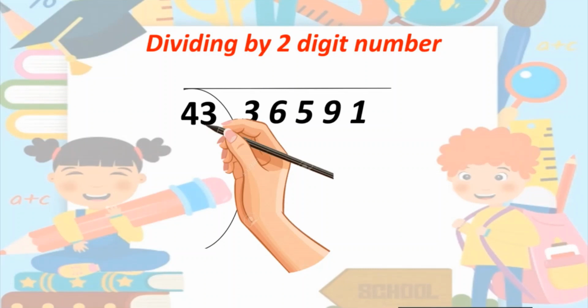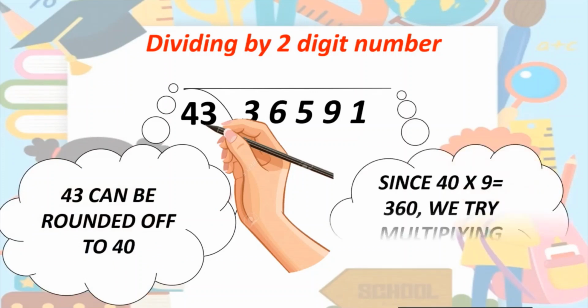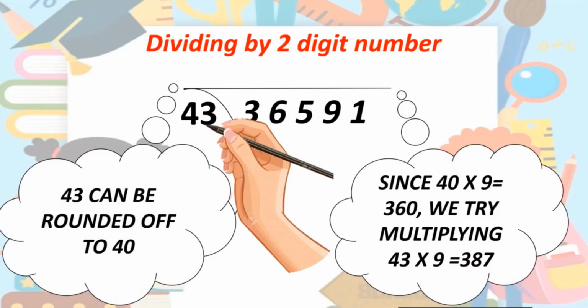Since we do not know the table of 43, let us do estimation. We round off 43 to the nearest 10, which is 40. So, 40 multiplied by 9 is 360, which is less than 365.